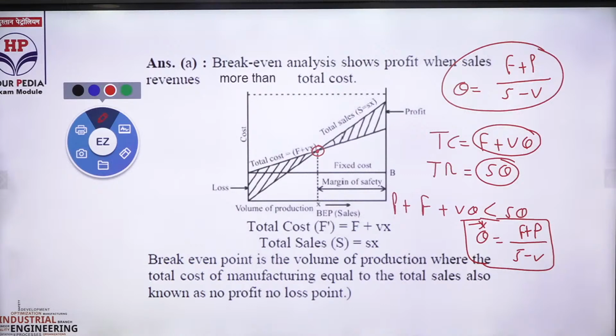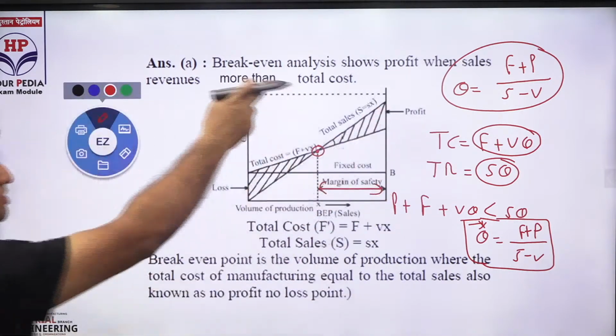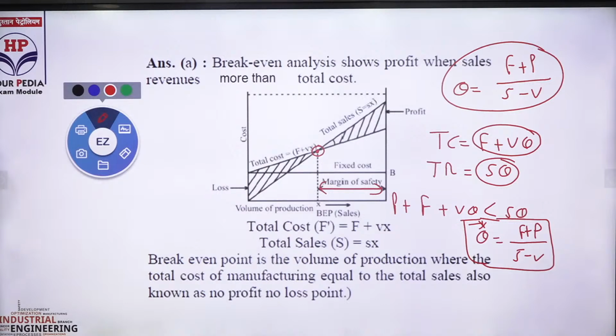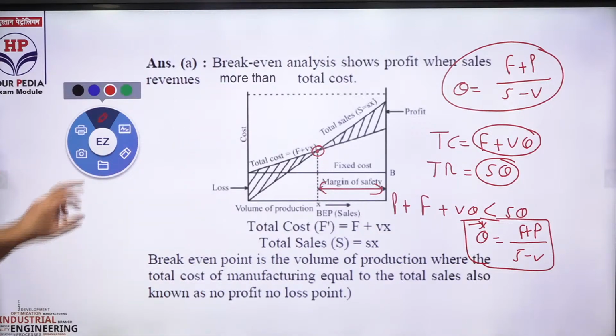Suppose fixed cost is F, sales price per unit is S, variable cost per unit is V, and you want to earn a profit of P. What will be the units you need to produce? As you keep on moving in this direction, your margin of safety keeps on increasing. So what will be the units produced so that you get this much profit? This is how you have to go for it.